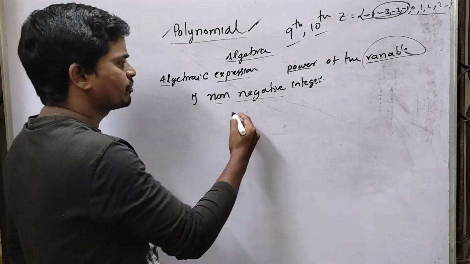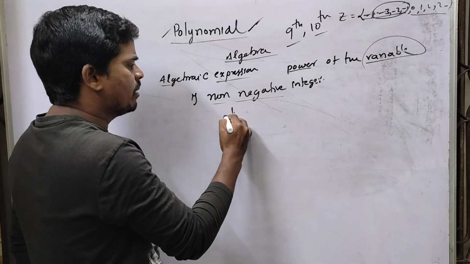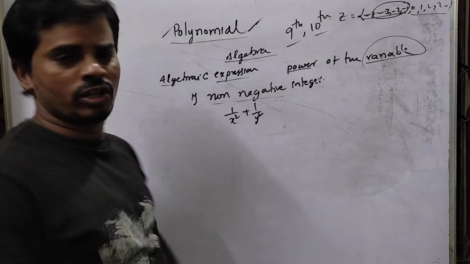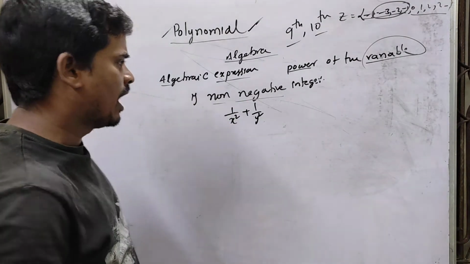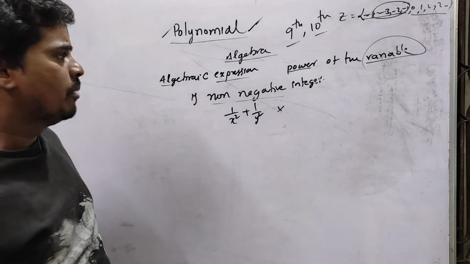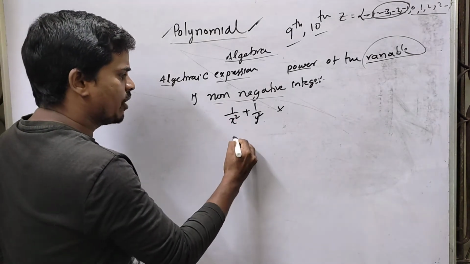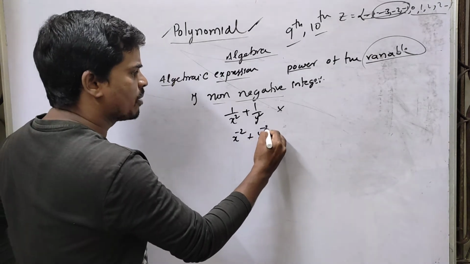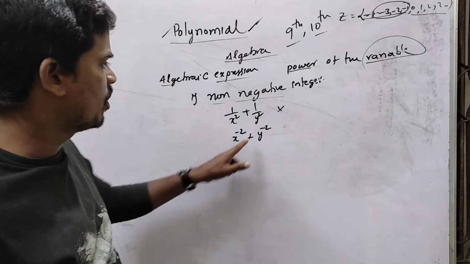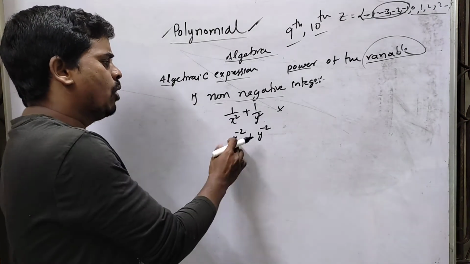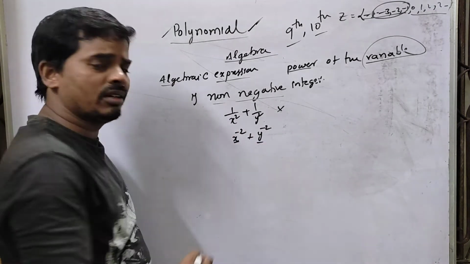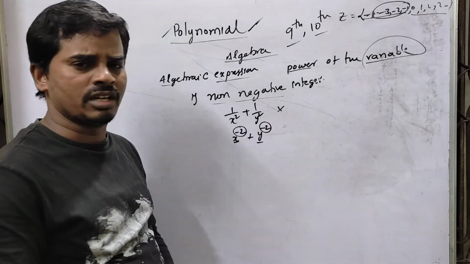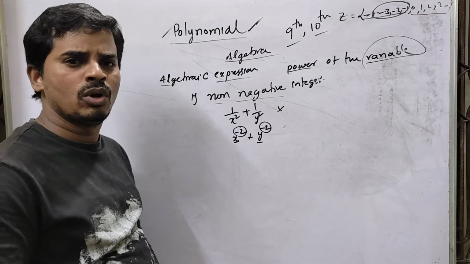Suppose, for example, 1 by x square plus 1 by y square. It's an algebraic expression, and I am saying it is not a polynomial because 1 by x square means it is x power -2, and 1 by y square means it is y power -2. x and y are the variables, and the power of the variable is -2, a negative number.